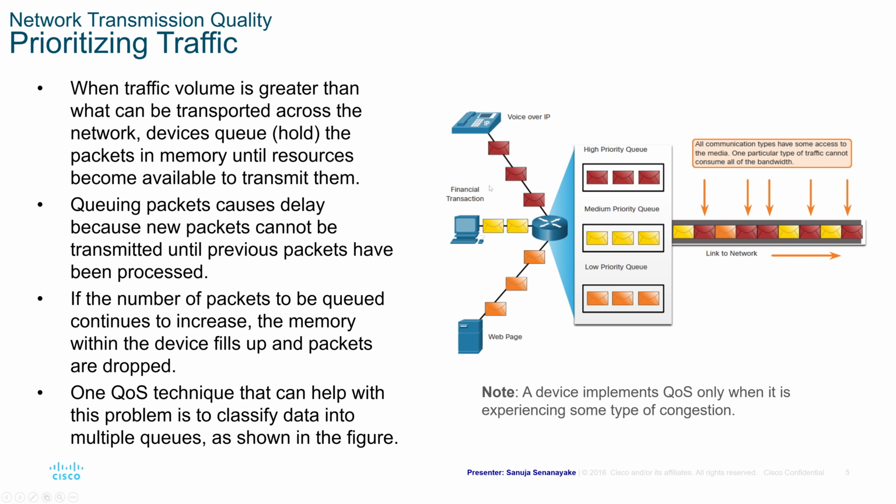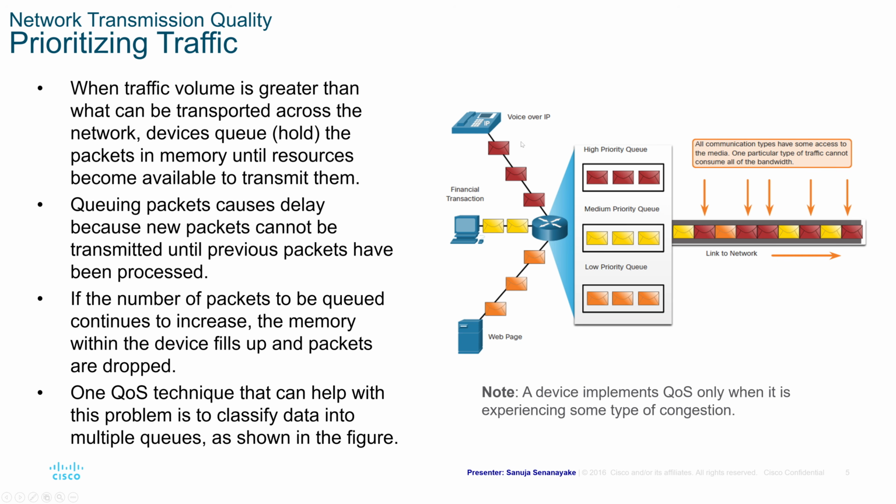So when the volume of traffic is greater than what can be transported across a system, the devices in that system, such as routers, have queuing implemented so that the packets will be queued in memory when the network is busy. Those queued packets will be sent out as soon as the resources become available.